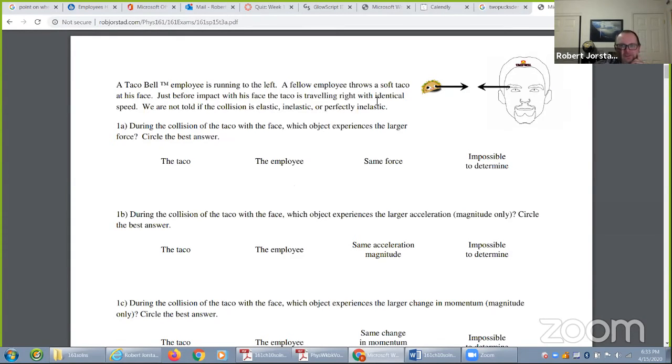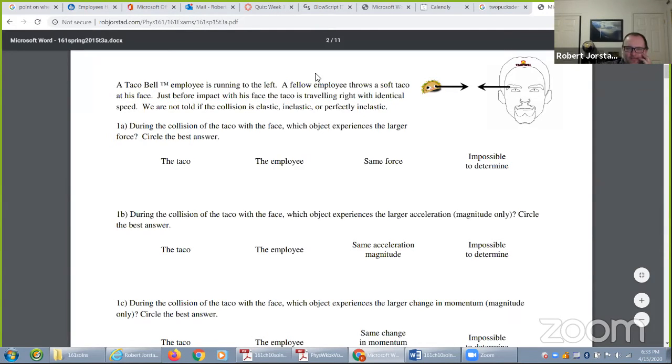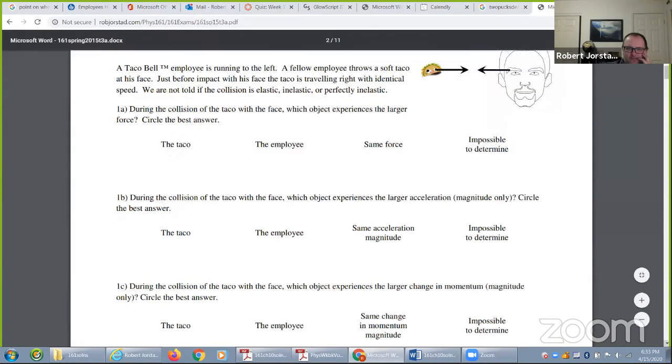Hopefully, when you see these words, you're immediately thinking, what concept? Momentum. All right. So answer these questions to yourself.